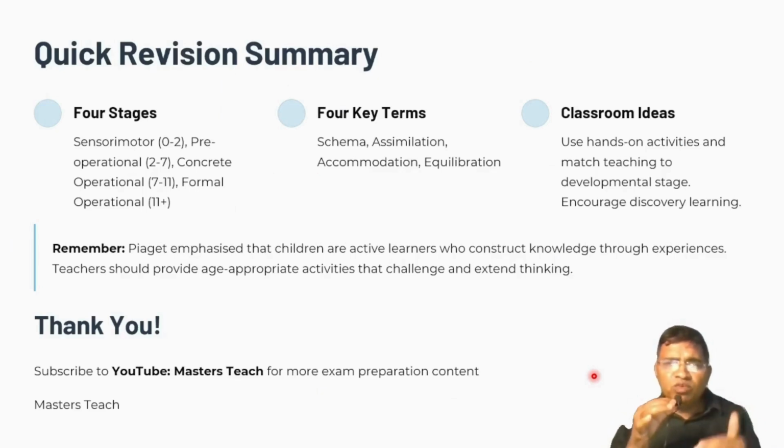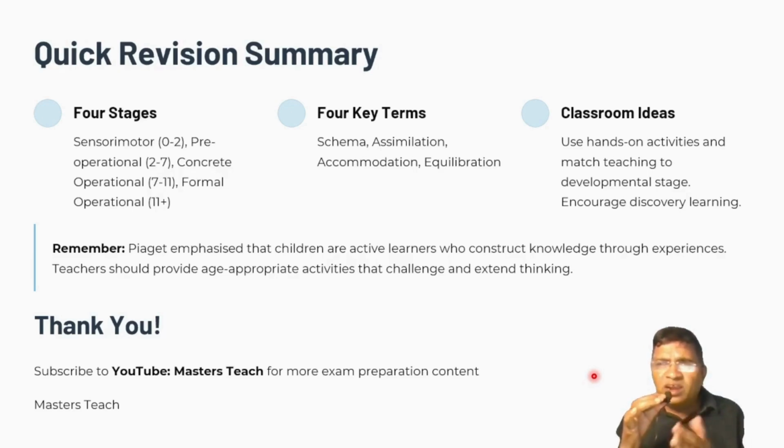So what you have to remember here: sensorimotor stage, 0 to 2 years, preoperational 2 to 7 years, concrete 7 to 11 years, formal 11 plus years. The four terms you have to remember: schema, assimilation, accommodation, and equilibration.